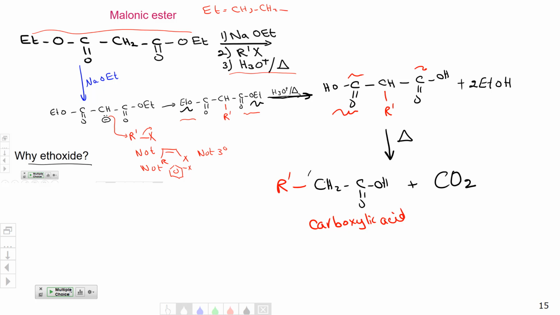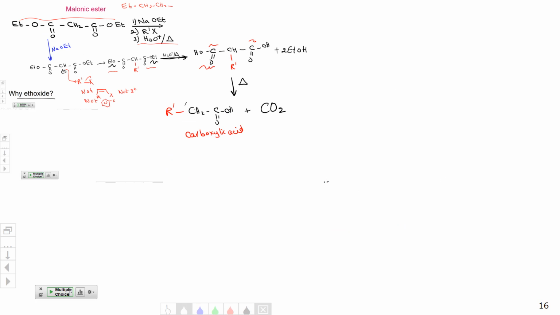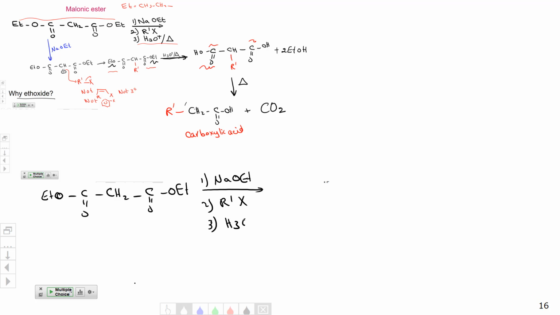So what I'm gonna do is re-summarize all of this because the answer is typical for this. The answer for these three steps is very typical as we go. So if I summarize the whole reaction, anytime we're starting with a malonic ester, and I do the very typical three steps, sodium ethoxide, followed by R prime X, followed by H3O plus heat, I'm going to end up with 2 moles of ethanol if these are OEt.